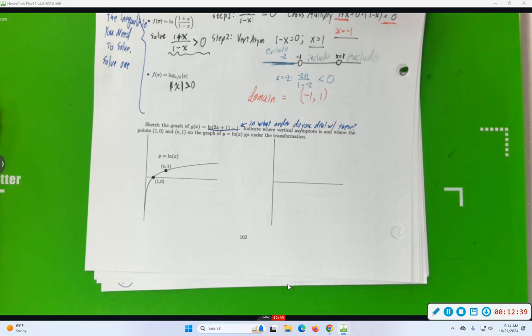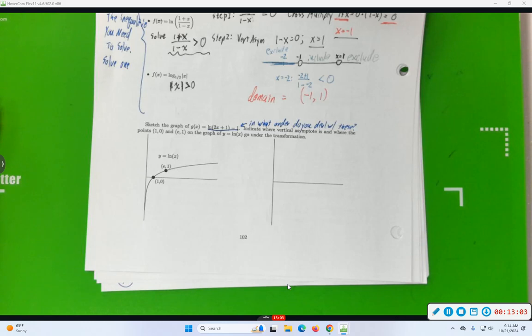You do them inside the parentheses first. Yeah, so the order you need to deal with things is you need to deal with that plus 1 before that times 2. And you need to deal with whatever's multiplied by the ln before you deal with that minus 1.